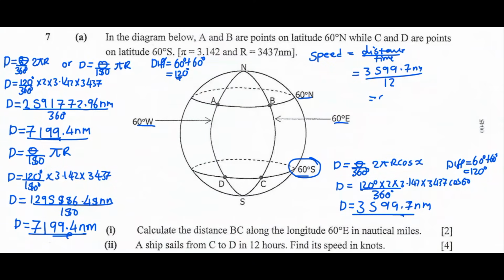I'm getting 299.975 knots. So if we round it off, we get 300 knots as a whole number.